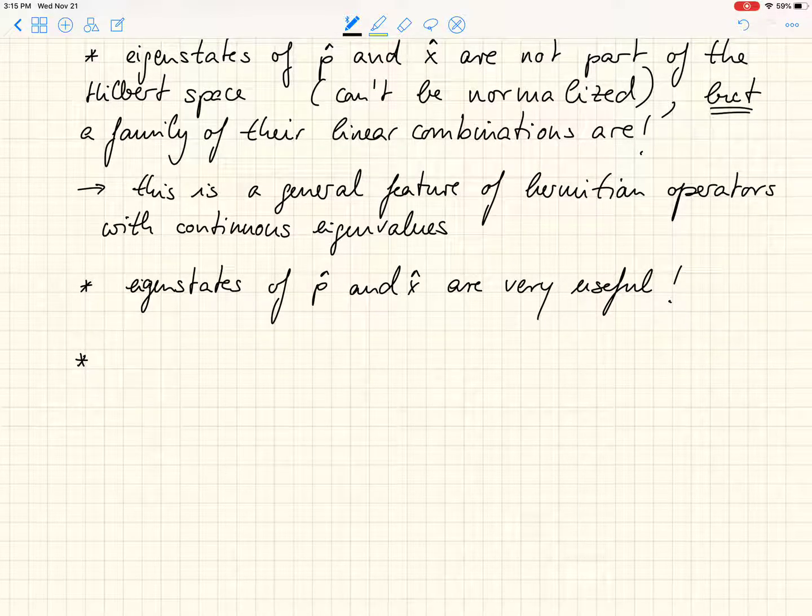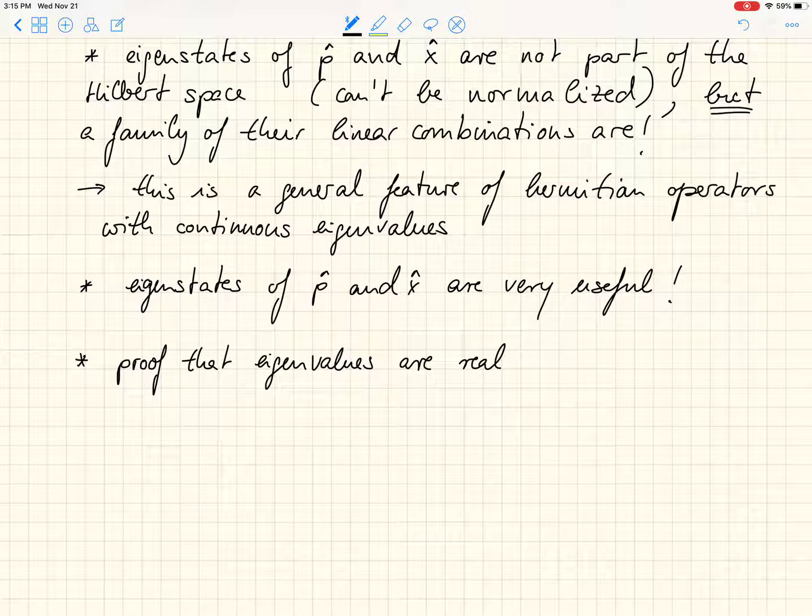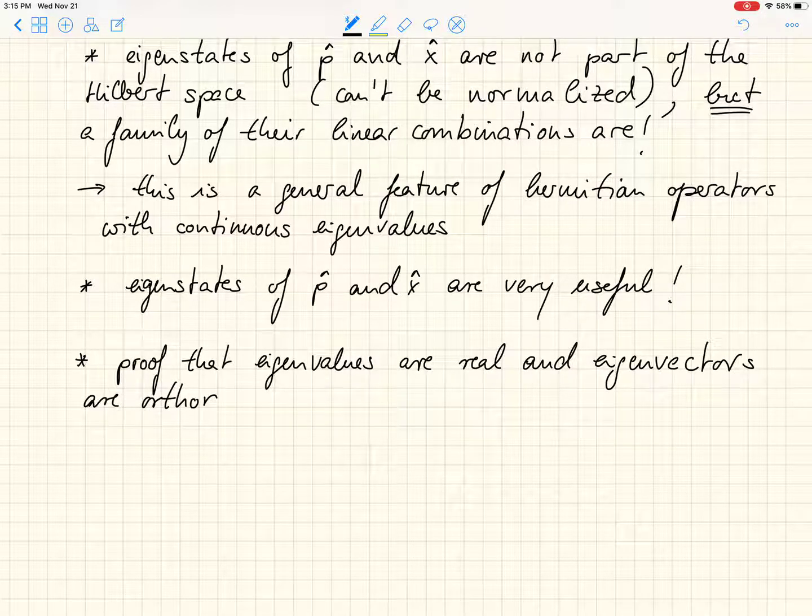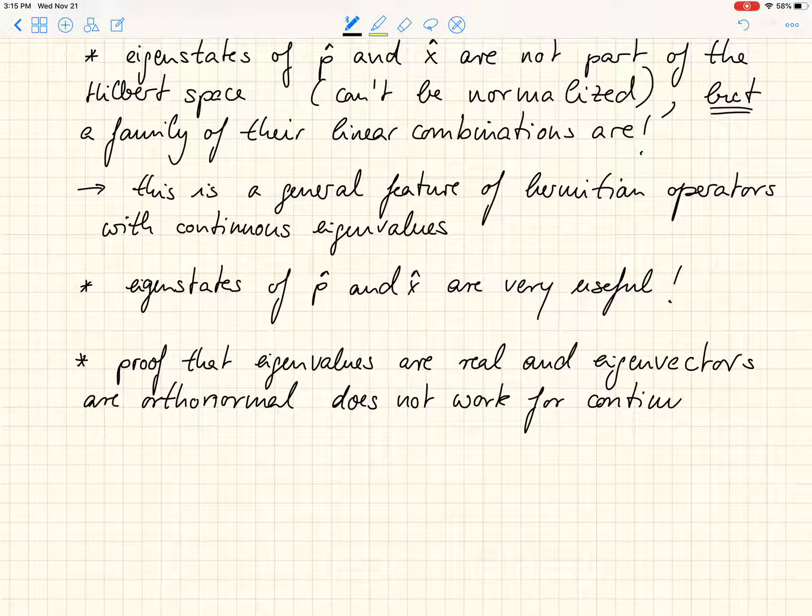Another observation is that the proofs that we've done, the proof that eigenvalues are real and eigenvectors are orthonormal, does not work for continuous eigenvalues, or more precisely for observables that have continuous eigenvalues.